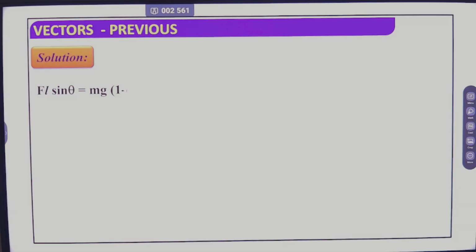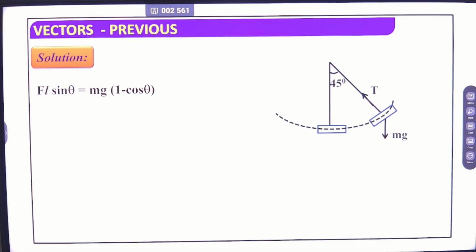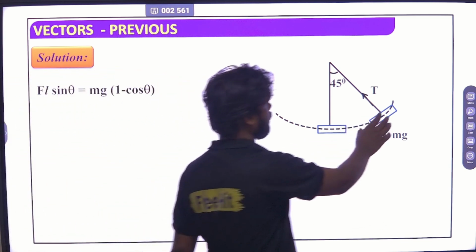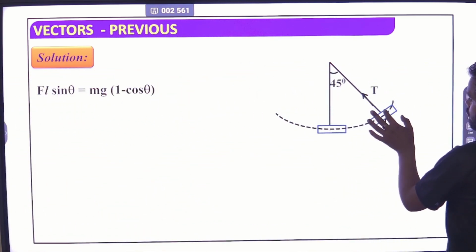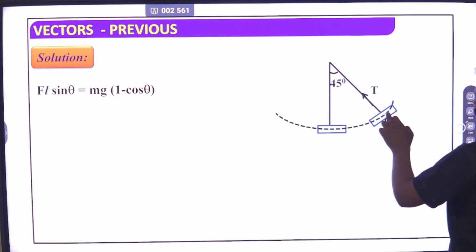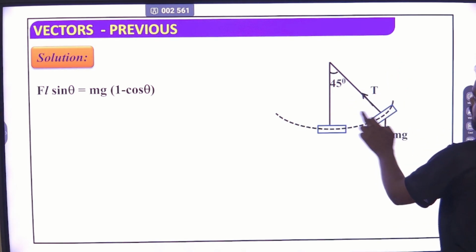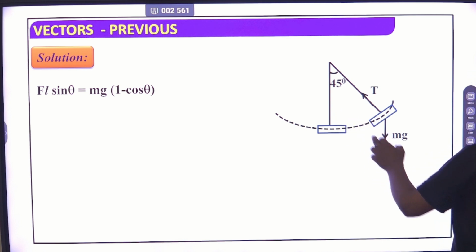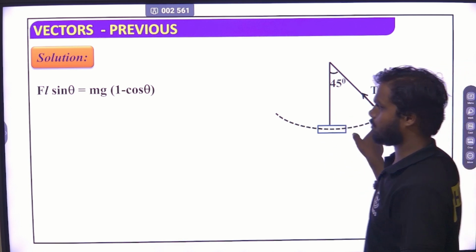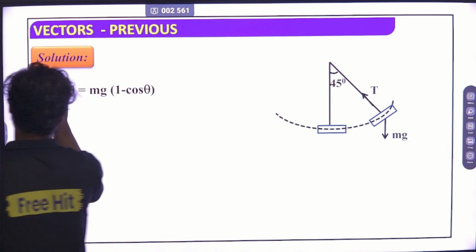The solution: this is the block, and from here I have to go here. There will be mg, and there is tension, so I will have two components, T sin theta and T cos theta. And there is a horizontal force I have applied. That is what is written here.